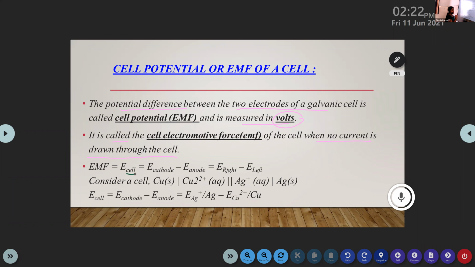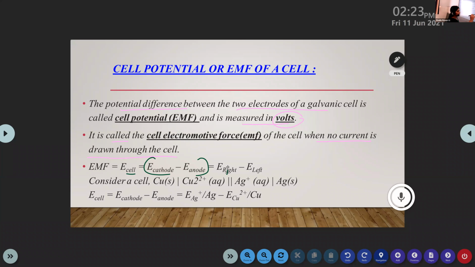That means the cell potential. E cell is equal to E cathode minus E anode. E cathode means electrode potential of cathode minus electrode potential of anode. Or otherwise it is E right minus E left.